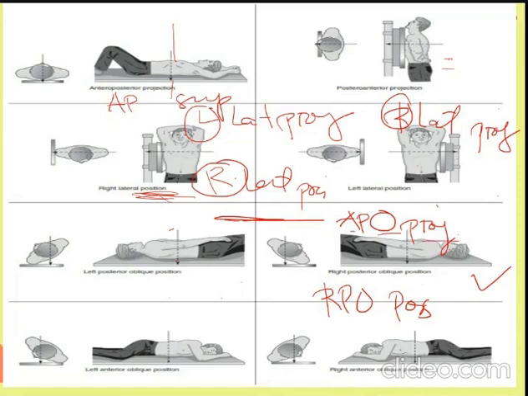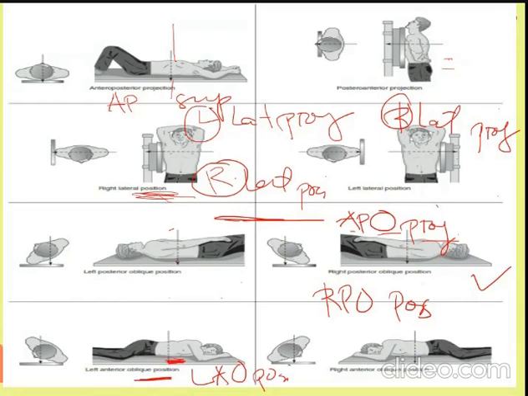How about this one? What position is this? Left anterior oblique position. The left portion of the patient is near the table or IR.